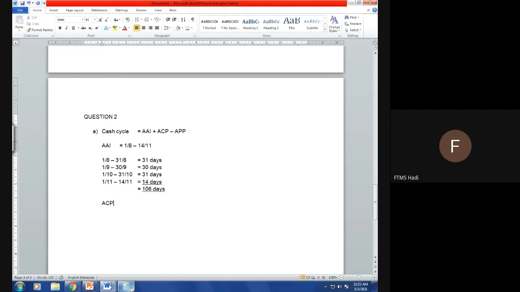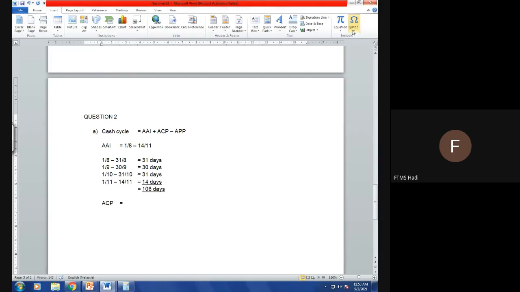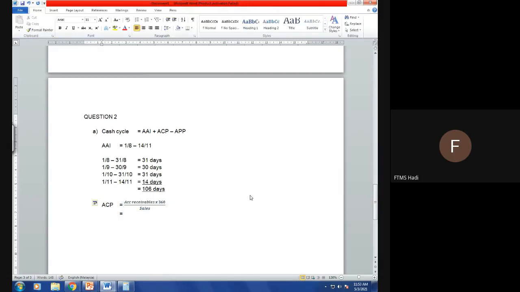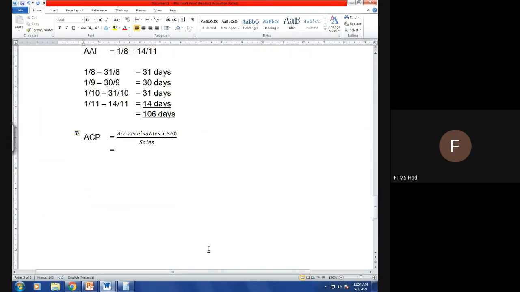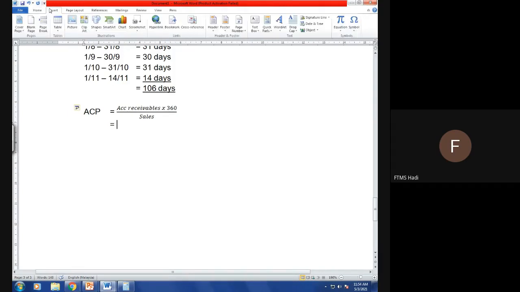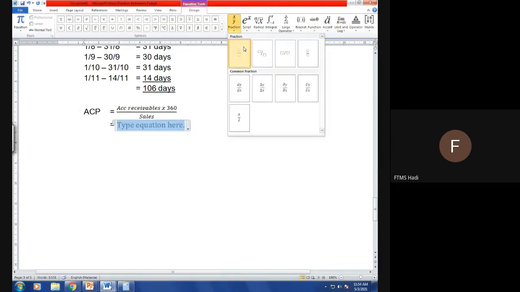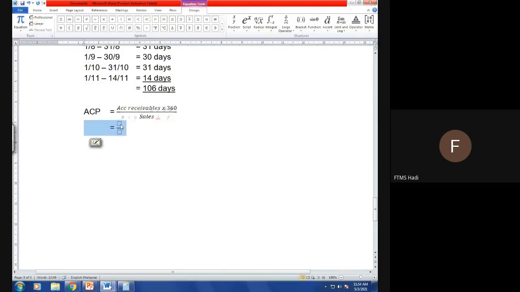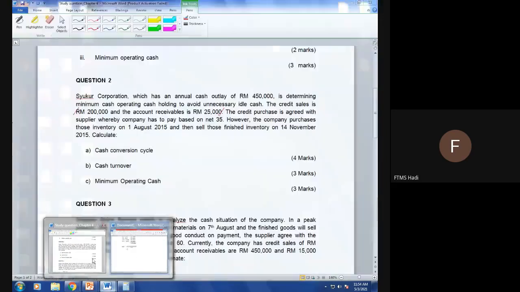Let's calculate ACP. The formula of ACP will be account receivables multiplied by 360 divided by sales. In the question, where's the account receivable here?